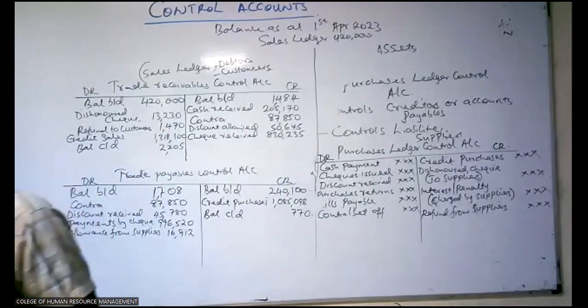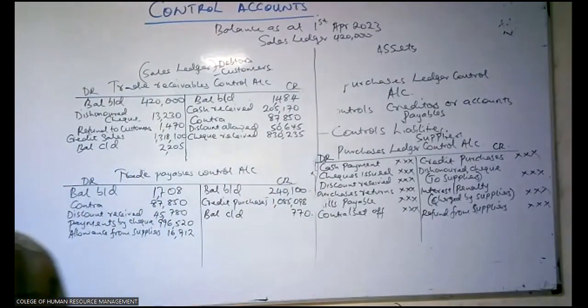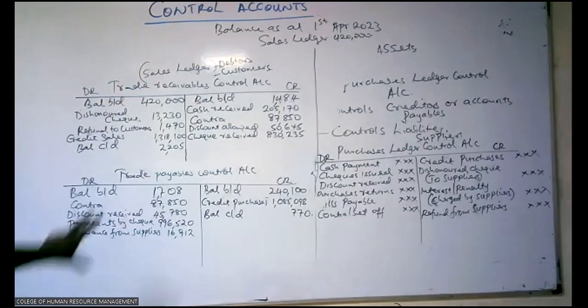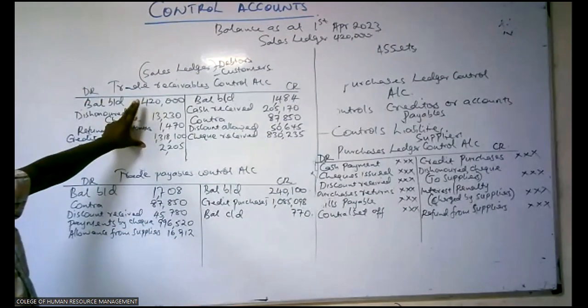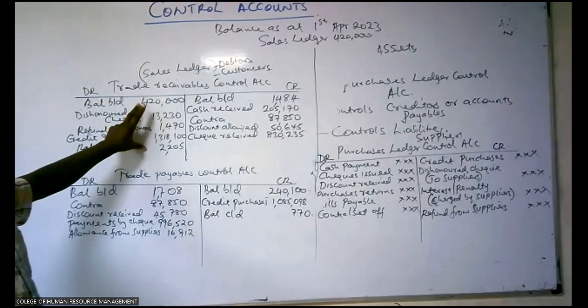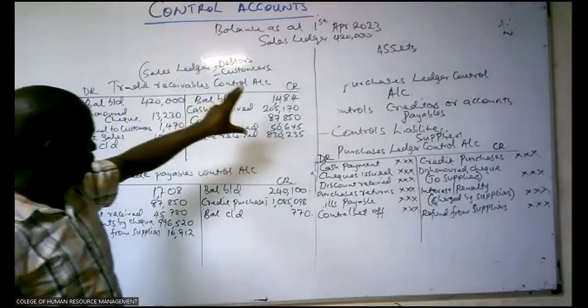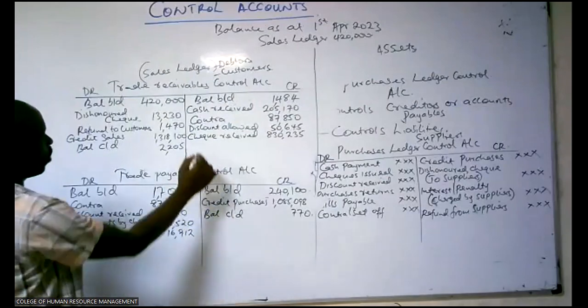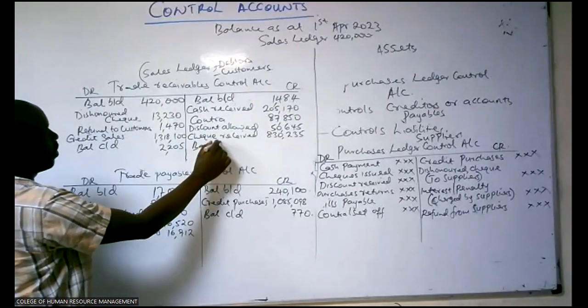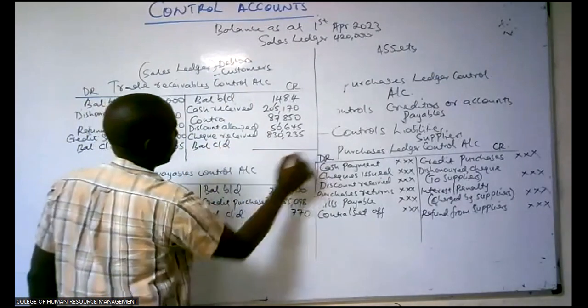Noted. So for trade receivables, this side will be having more. Minus that, you will again get another balance carried down here. It will be like that.